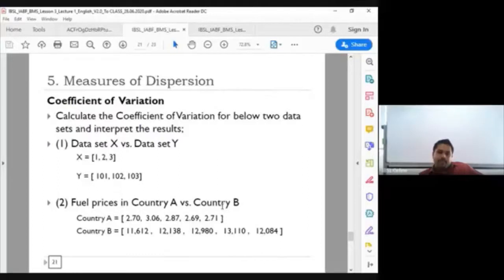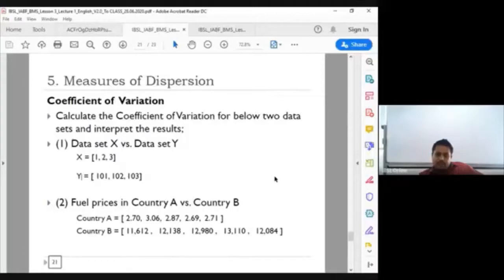I think we wanted to see, by calculating the coefficient of variation between these two data sets, the first one would be capital X data set and capital Y data set, that you may end up with a similar standard deviation.